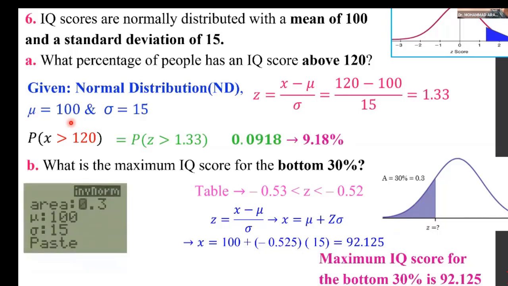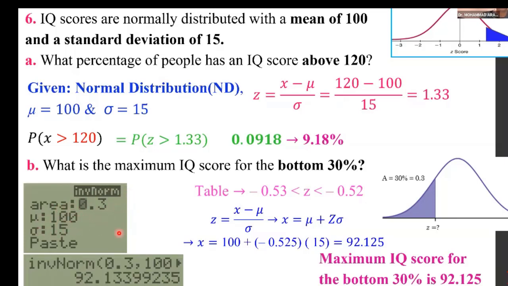If we use technology directly, using inverse norm, the area is 0.3, mu you can use 100, sigma you can use 15, and in one shot you get the answer. The reason it's slightly different: if you look at the first decimals, 92.1, they are identical, and then with more decimals, they're completely different because technology uses more decimals.